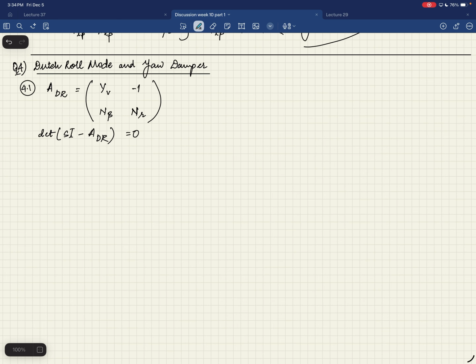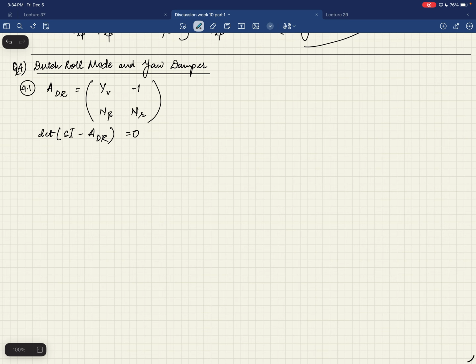If the airplane is not symmetric about this plane, then you will have N beta prime and N r prime, which are different from N r and N beta. But if the airplane is symmetric about the XZ plane, then N beta prime and N r prime are the same as N beta and N r. So it depends on symmetry, right?